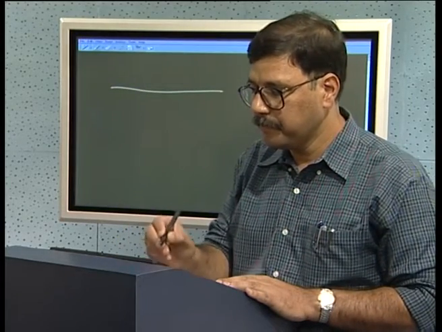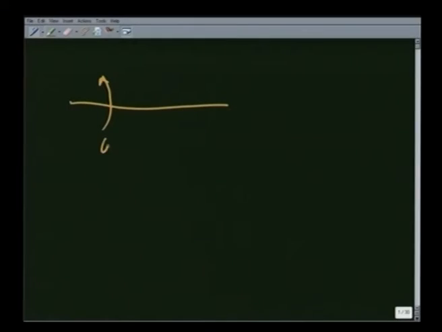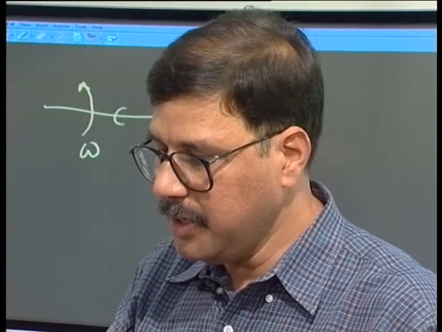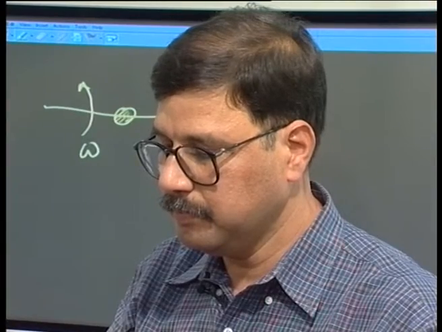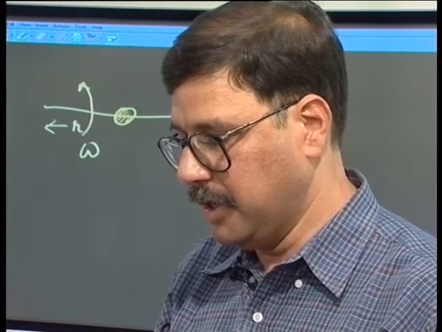As my first example of application of planar polar coordinates, let me take a wire that is rotating with a constant angular speed omega in a plane, and let me put a bead here at a distance initially r0 from the center about which the wire is rotating.